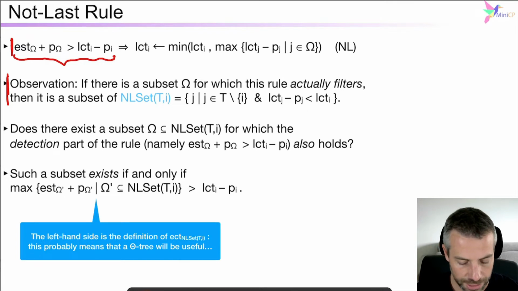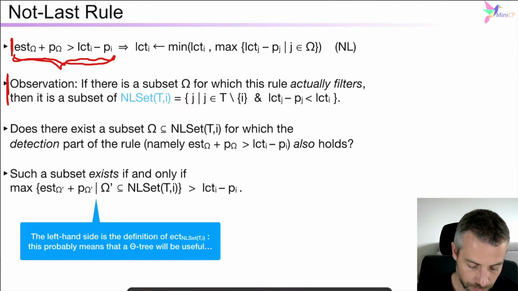So first we need to check that there is a subset omega that has this first part of the rule true. What we can do is take the maximum over all subset omega prime of the earliest start time of omega prime plus the processing time of omega prime.